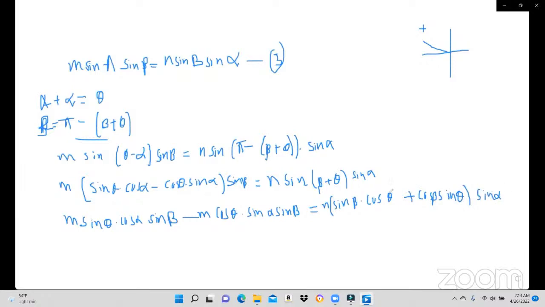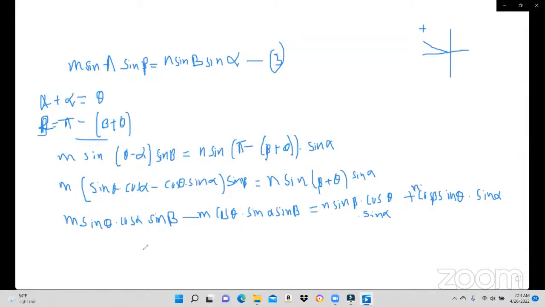Then it is getting multiplied by sine alpha as well. So what I am doing, I will just remove these things and multiply this sine alpha here, and here sine alpha, and here also it will be coming like sine alpha with n. Here also n. I'll remove this bracket as well.